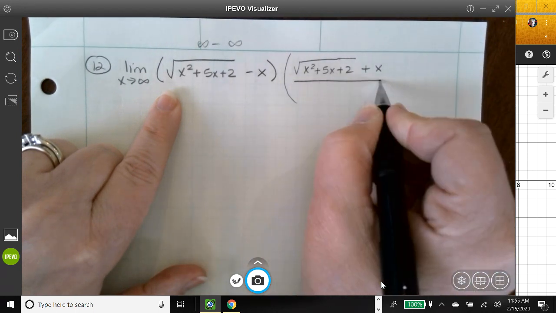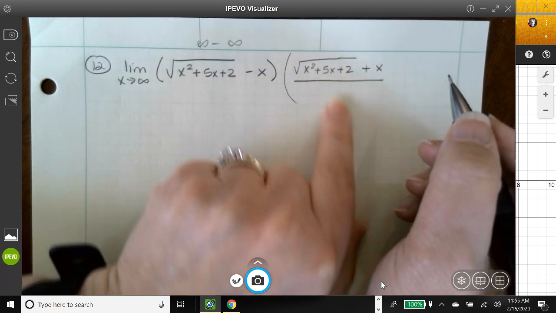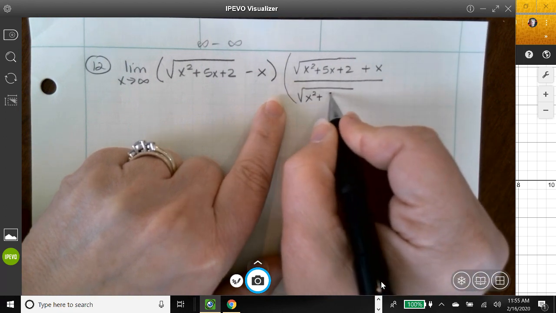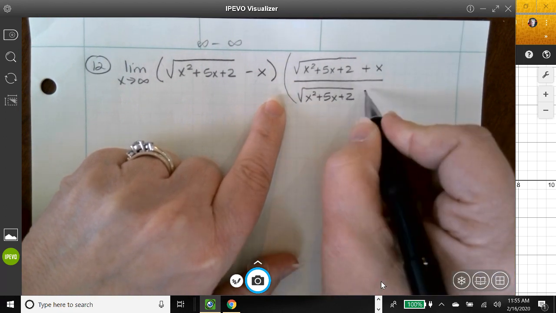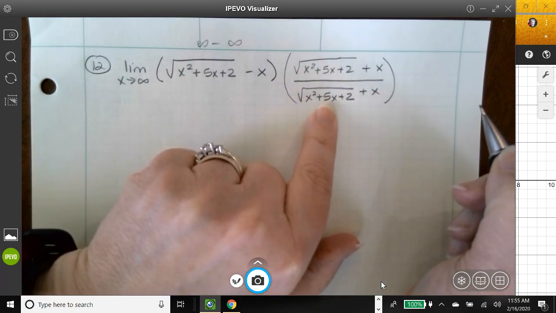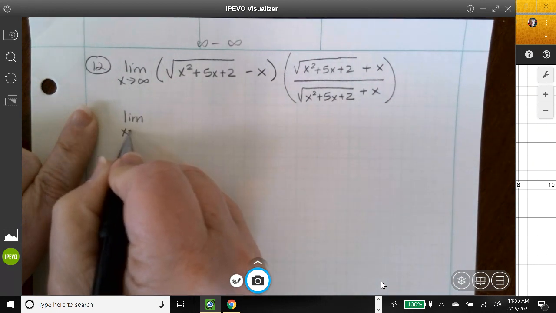But since I don't want the expression or the limit to change its value, I'm going to multiply it by the conjugate factor of 1. So I'm actually multiplying this by 1 of my choosing, right? It's such a pretty factor of 1 too, isn't it? Anyway, all right, here we go.